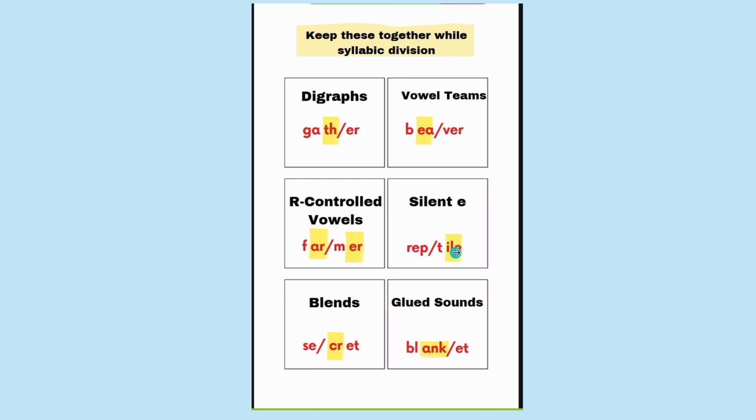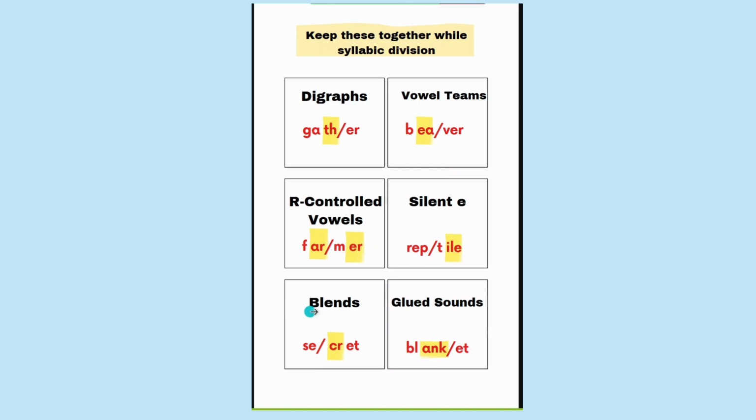This silent E is basically the magic E that is making the letter I say its long sound. Instead of saying short I, it will say long I. So we need to keep this pattern together.